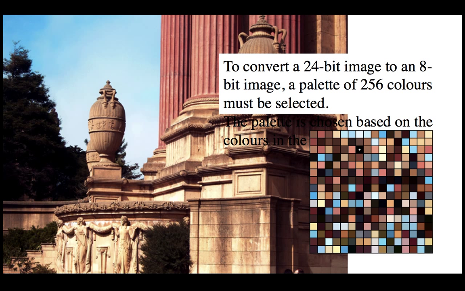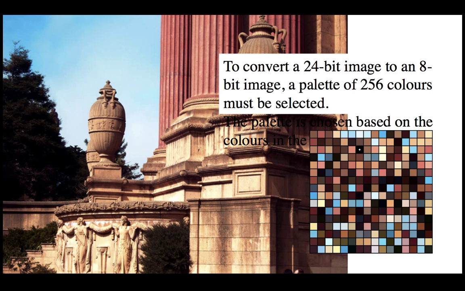If I was lucky enough that the image only had 250 different kinds of pixel, that would be a trivial problem because each pixel color could get an entry in the lookup table. So color number 1 is whatever, color number 2 is whatever, color number 3 is whatever. But the problem is if you have more than 256, then it has to go to the closest match. And so that can cause problems.